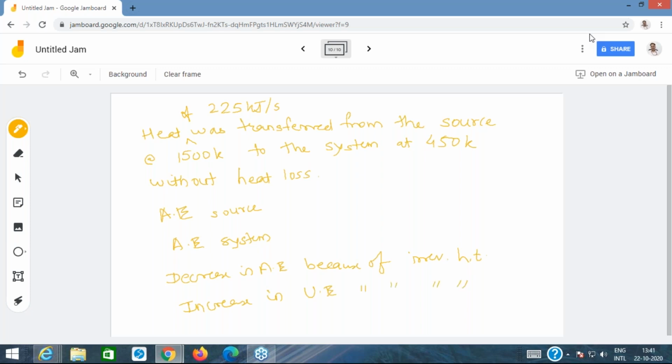So solve this. Assume the dead state temperature to be 300 Kelvin. Okay, the surroundings are at 300 Kelvin. Solve.